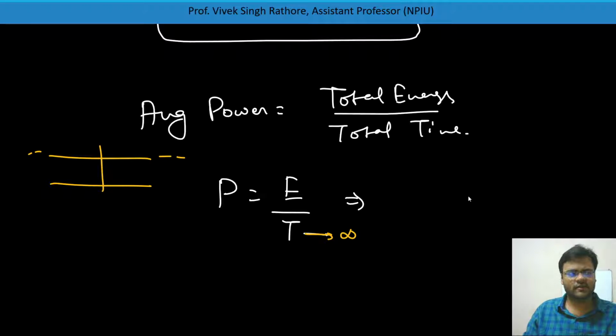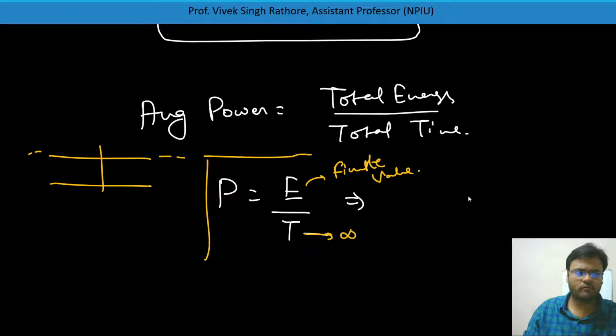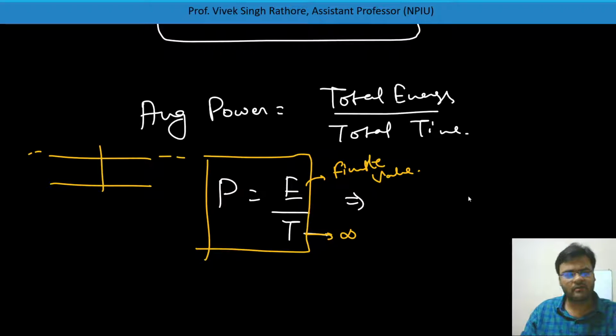So obviously power will be 0 if this energy value is finite. Now I think you can understand, this is the formula you know from childhood. Power is equal to energy by time.